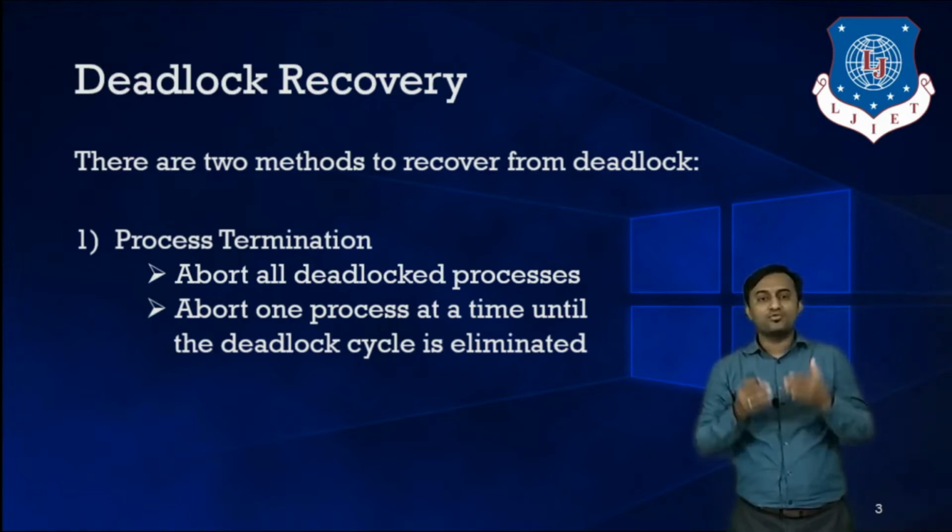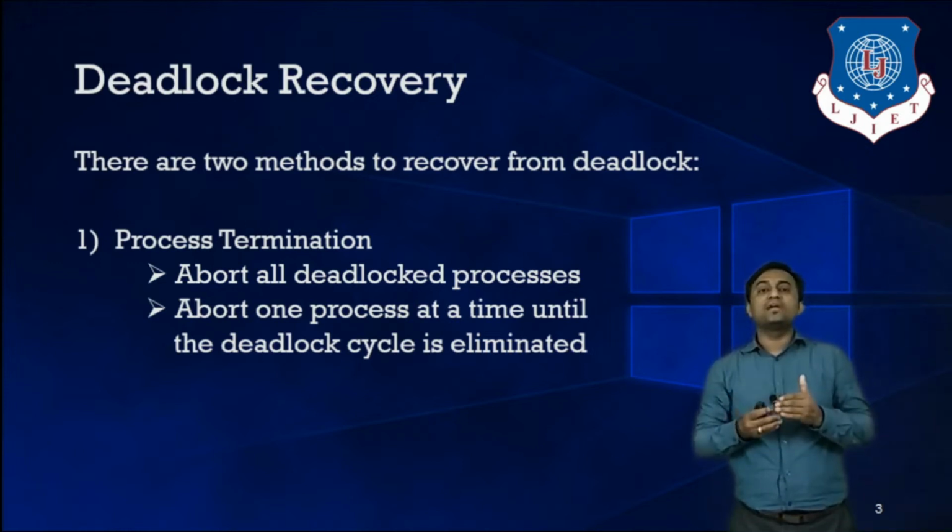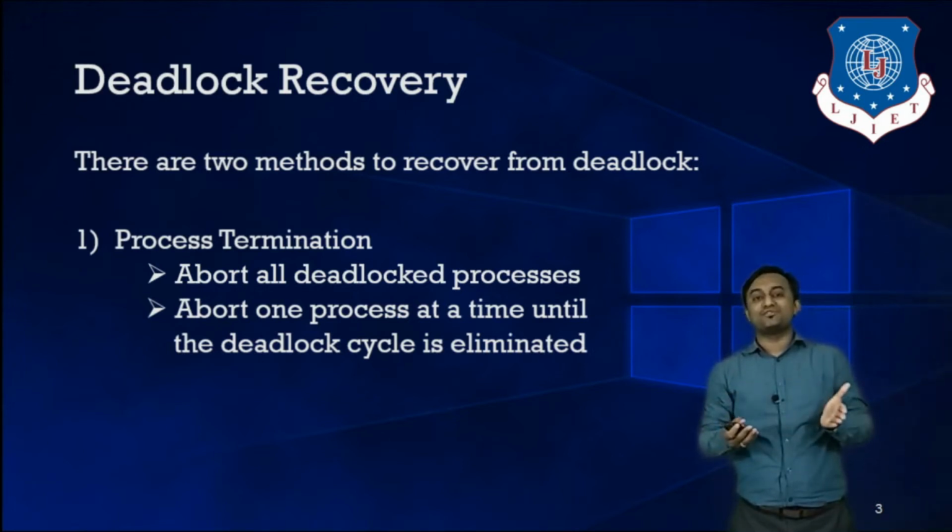So you abort one process at a time, and once you abort one process, you execute the deadlock detection algorithm. Once it does not detect any deadlock, or once it is in a safe state at the end, it means you have successfully recovered from the deadlock situation.